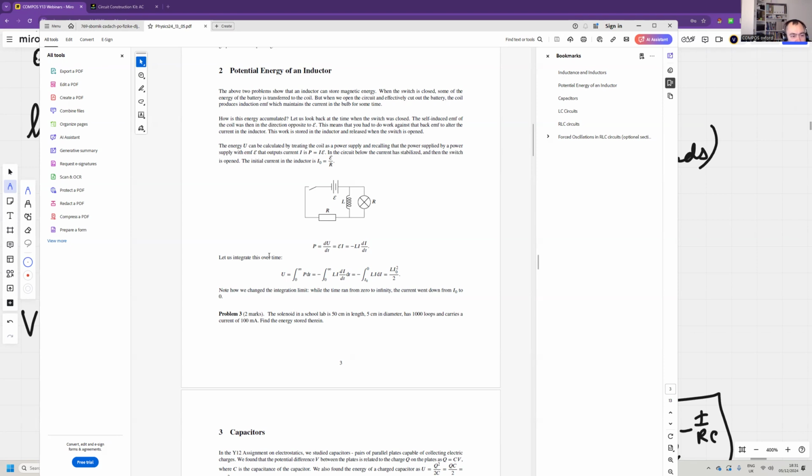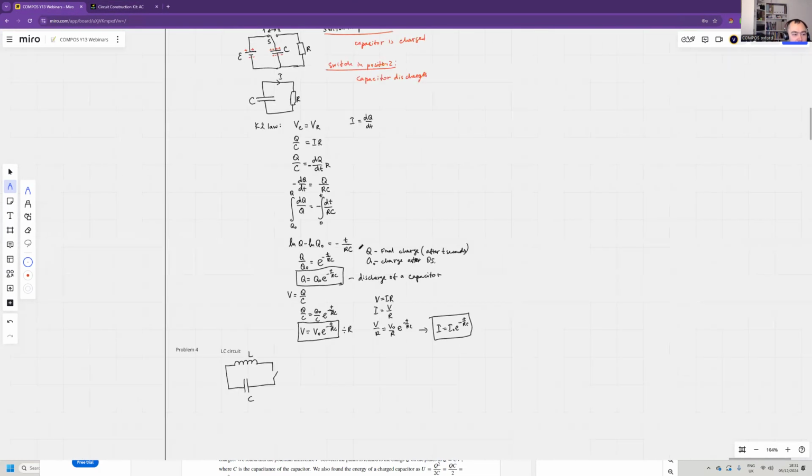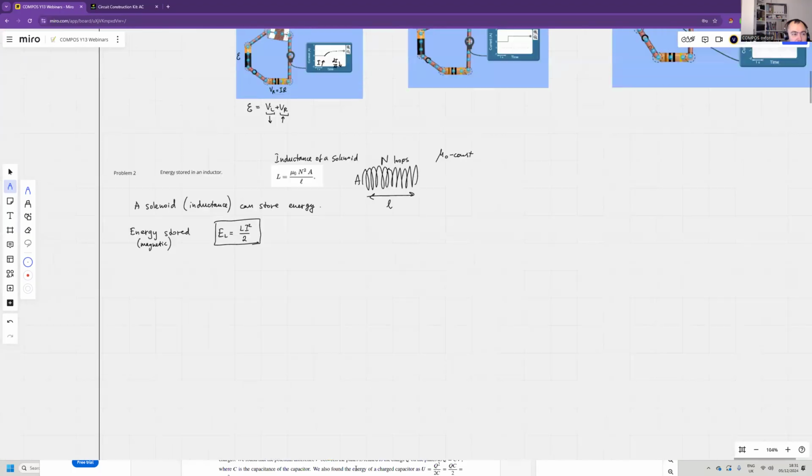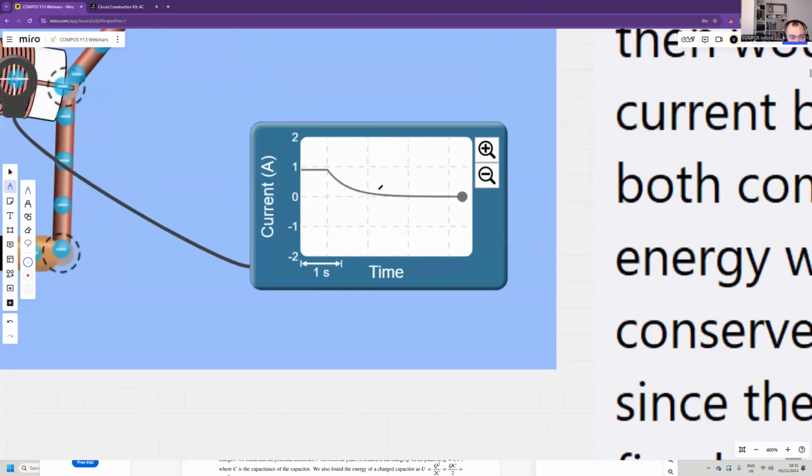Well, yeah, you're interested in the area under the graph. You take the time as infinity, because if you look at this graph, it kind of goes on forever.